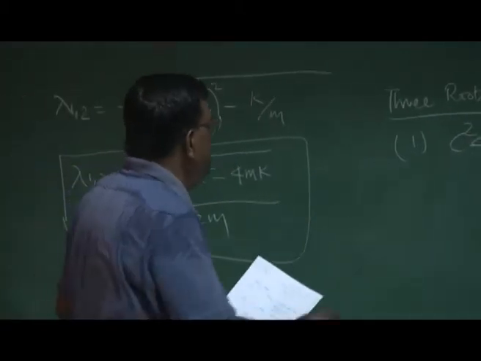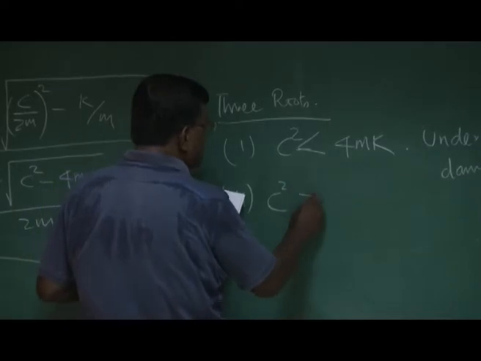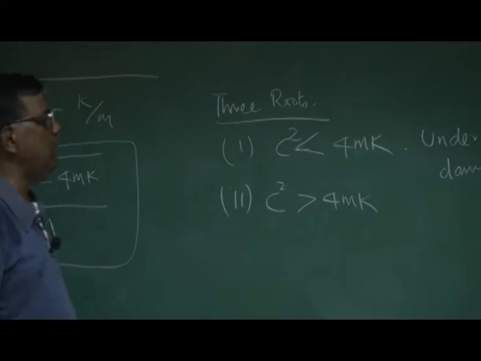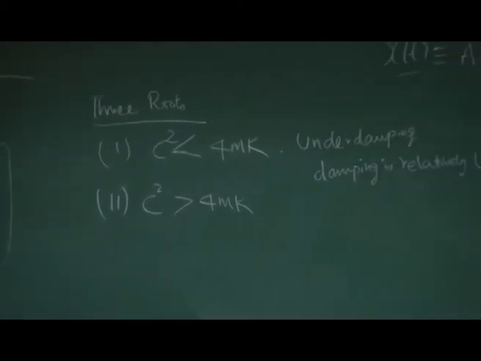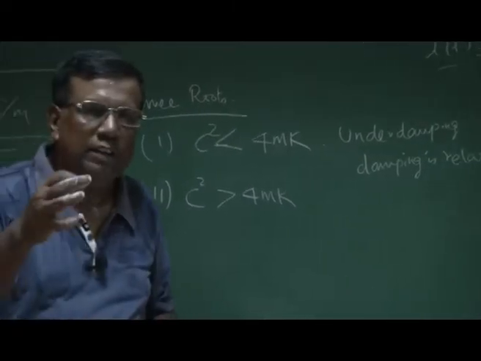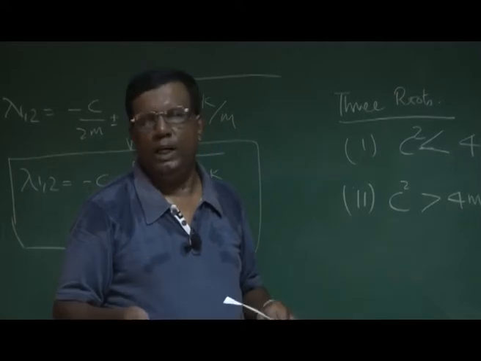Okay? Second possibility is there that c square greater than 4mk. The same understanding here. Now we know damping must be pretty large. Think of a situation. Suppose we take a mass spring system, and there is air around that.